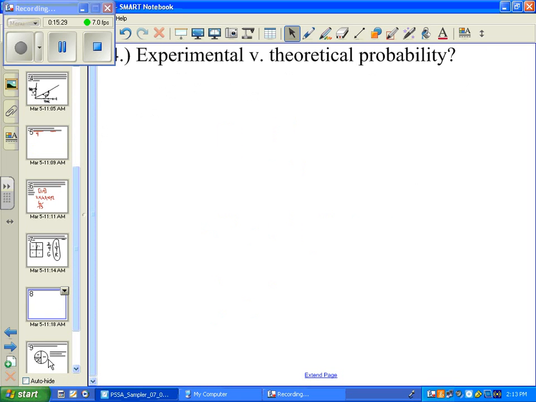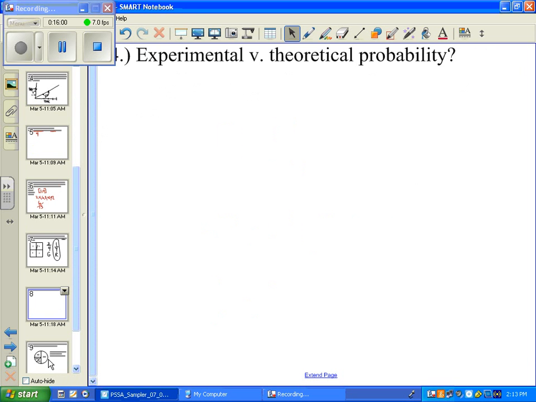This brings up number 24. And what number 24 talks about is something that you need to be aware of for this upcoming test. It's something called experimental probability. There are 2 types of probability.